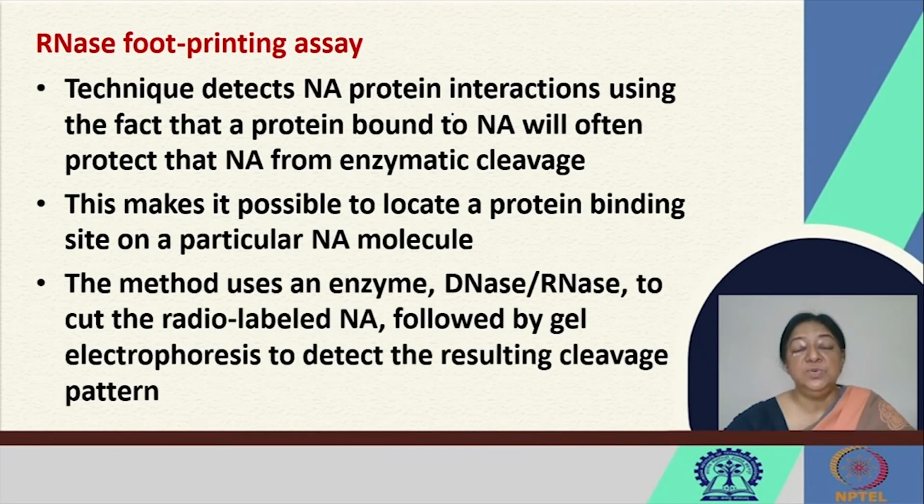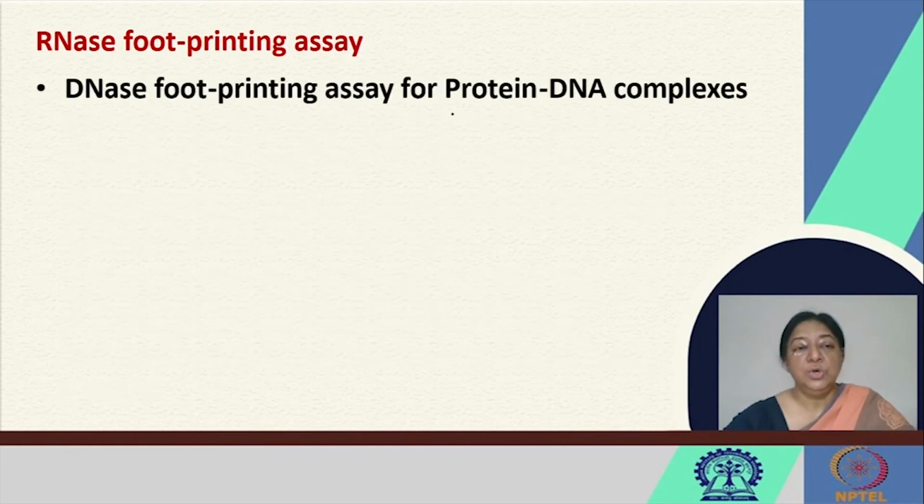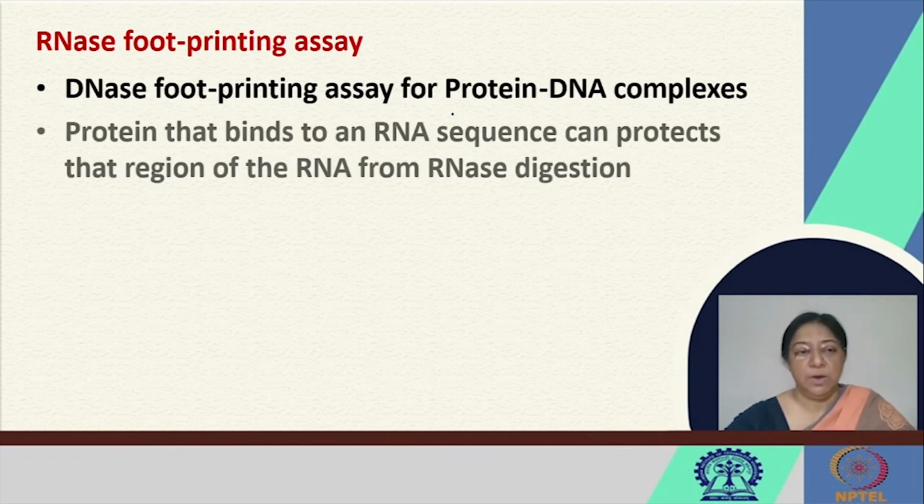So this method uses the enzyme, the DNase or the RNase, to cut a radio-labeled nucleic acid. This is followed by gel electrophoresis that is going to detect the resulting cleavage pattern. And then there will be a pattern that would decide whether there is an interaction. So the DNase or the RNase is used in a footprinting assay. The DNase is used for protein DNA complexes and the RNase is used for protein RNA complexes.